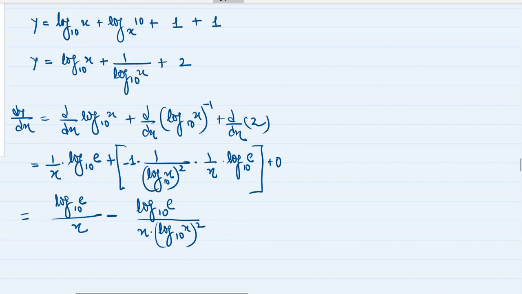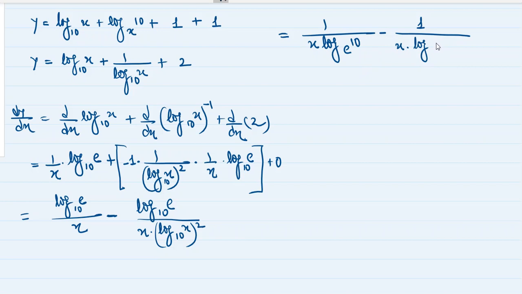Okay, let's try. So see, the first term will become 1 upon x log of 10 to the base e, minus 1 upon x multiplied by log of 10 to the base e multiplied by log of x to the base 10 the whole square.